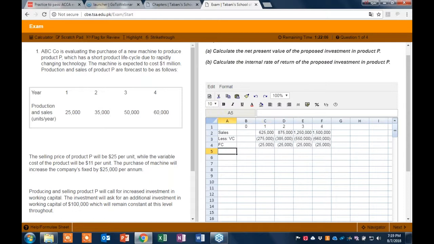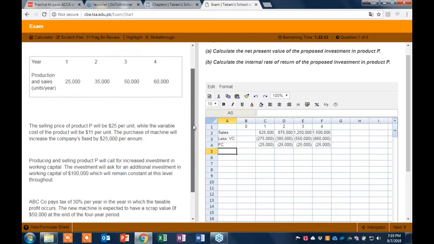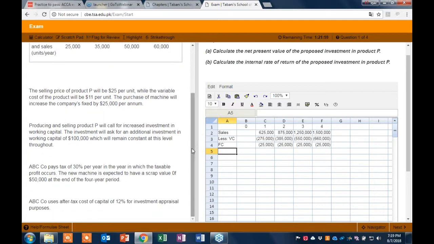So we have to search for any other operating cash flow which we have to write before the tax. Is there any other expense that we should be writing before tax? I think we don't have any other.